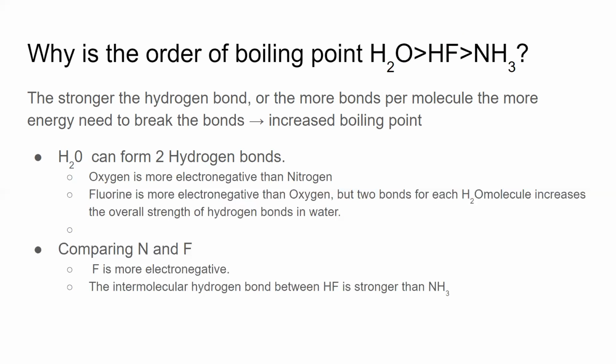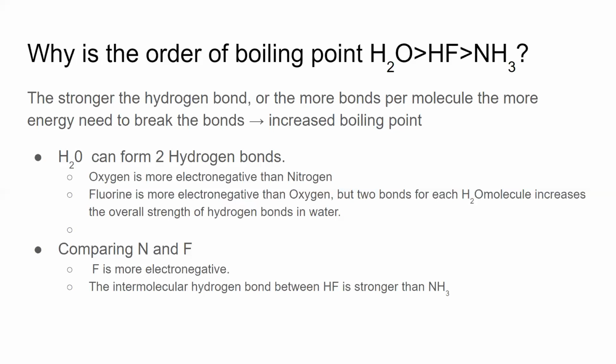So those two hydrogen bonds are going to be double the strength of just a single one. And so we have an overall higher strength of the hydrogen bonds within water, causing a much higher boiling point, taking much more energy to break those intermolecular forces and melt or boil the water.